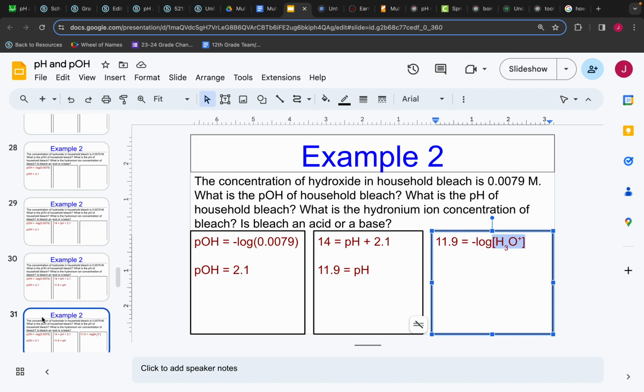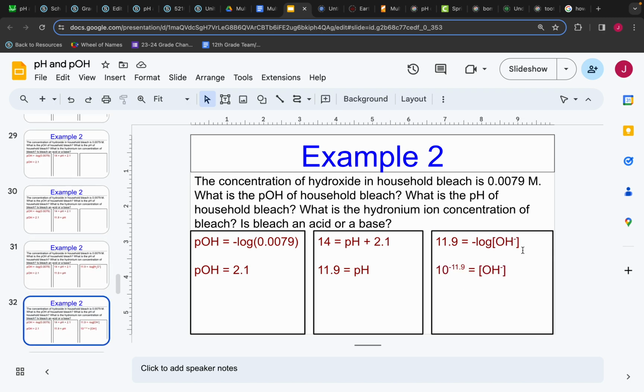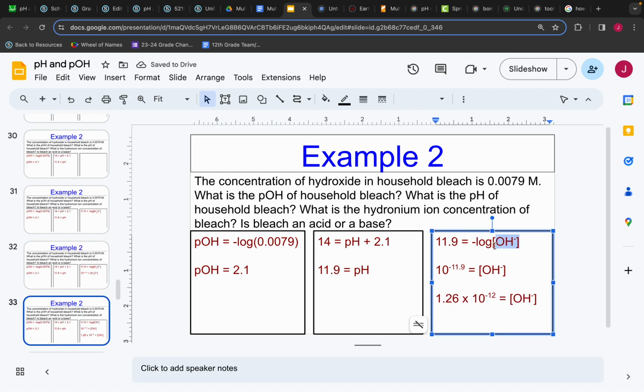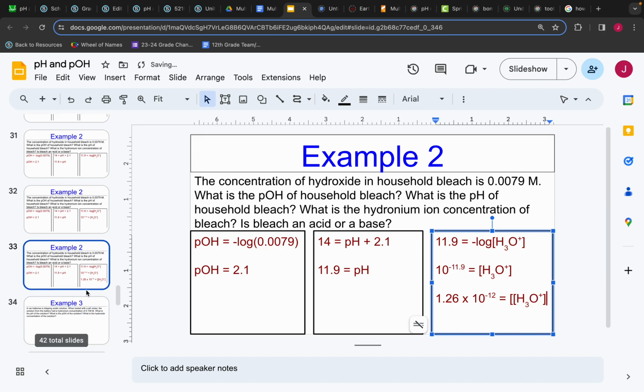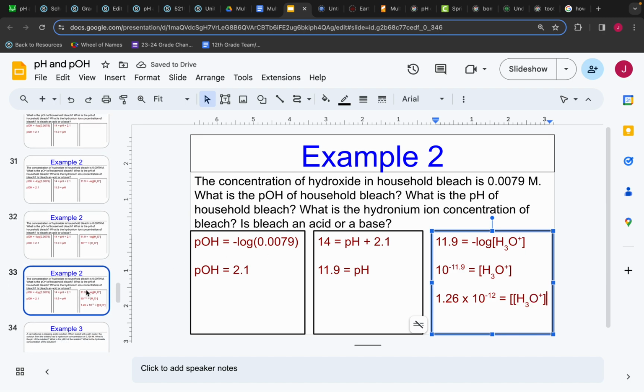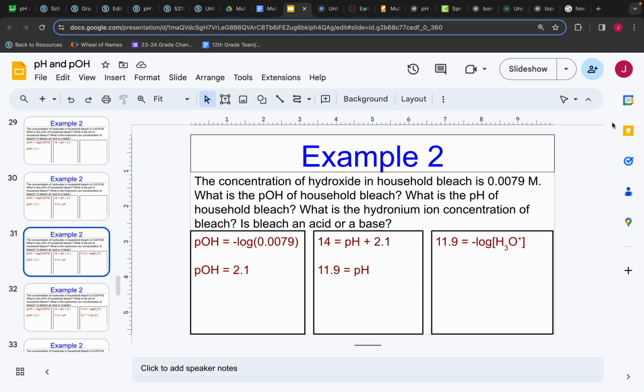Okay, give me 1 second here. Because this one was asking for hydronium ion concentration, but I had hydroxide through here. So we need to make sure that I'm staying consistent here. Okay, so let's go back to this slide.